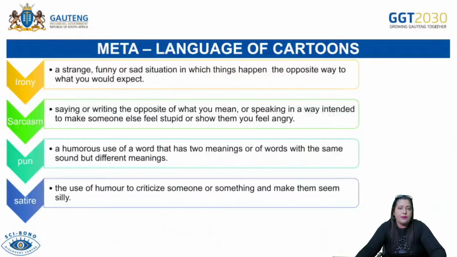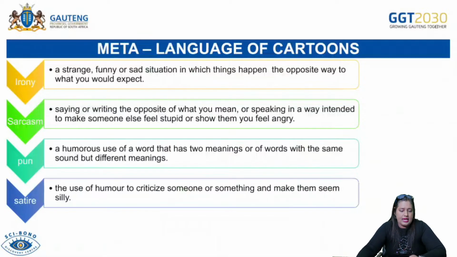Right, the meta language of cartoons that you will see being used includes concepts like irony, a strange, funny, or sad situation in which things happen the opposite way to what you would expect to be happening. Please, grade 12s, these are things that you need to go and make sure you understand so that you can apply them in terms of the cartoons.